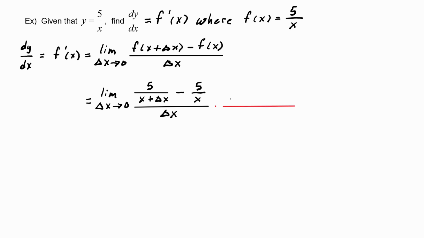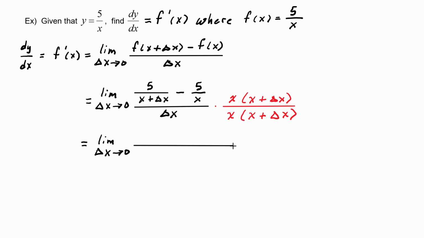Our LCD is going to be x times the quantity x plus delta x. Remember, we can only ever multiply by 1. That's why we have to have the same thing over itself. Now this is going to equal limit as delta x goes to 0.